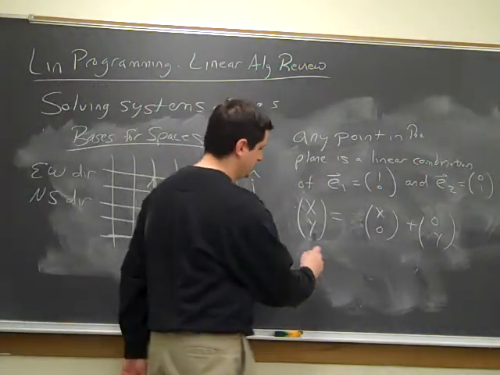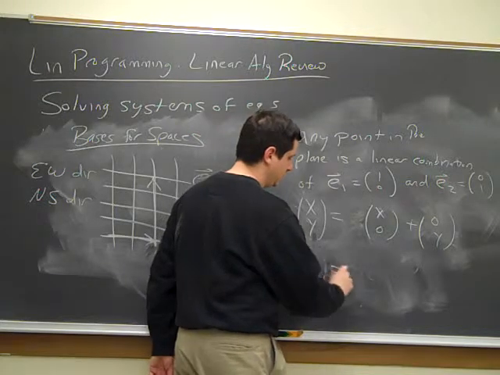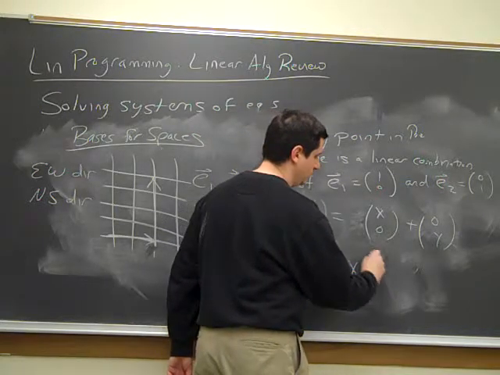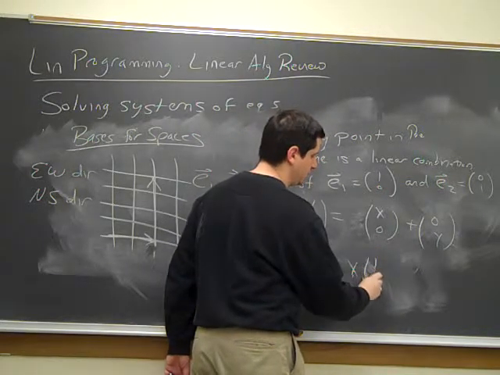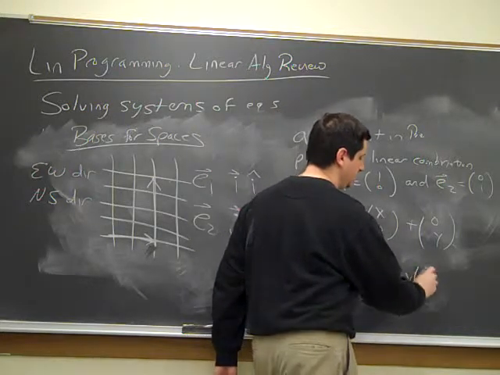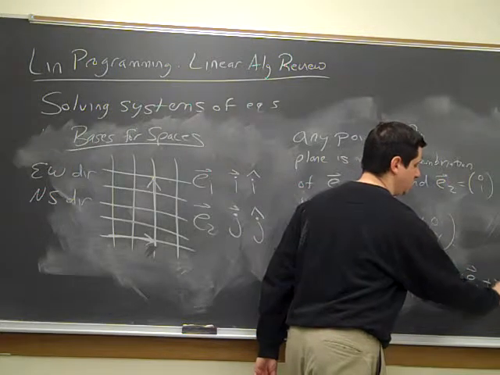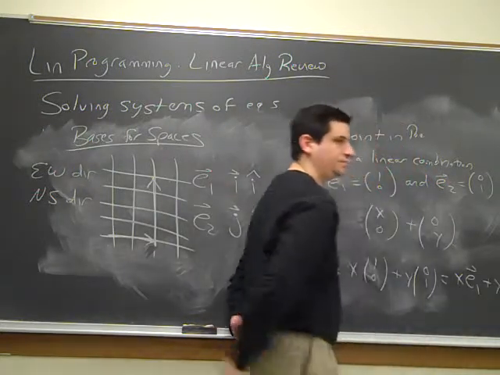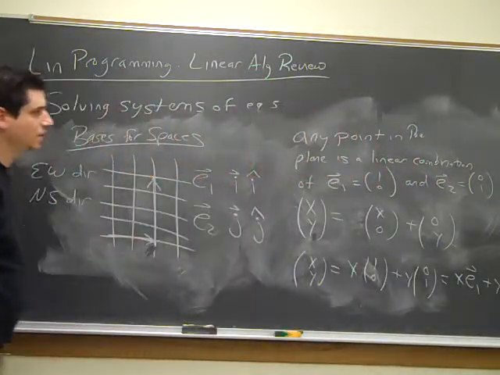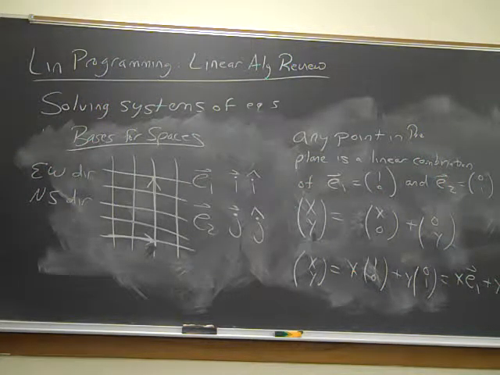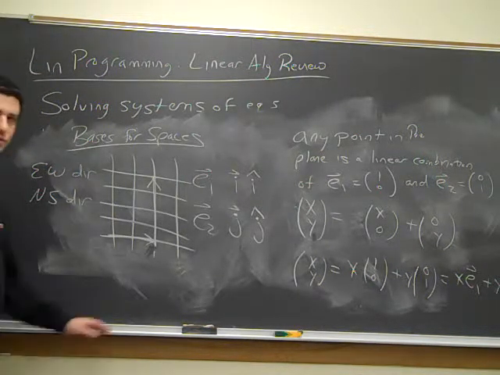I can then write (x, y) as x times the vector (1, 0) plus y times the vector (0, 1), which is x e1 plus y e2. So these are two very good directions to use.